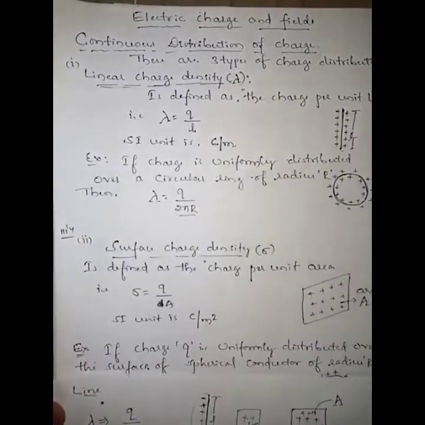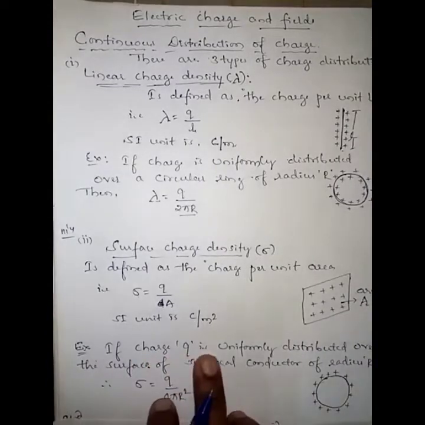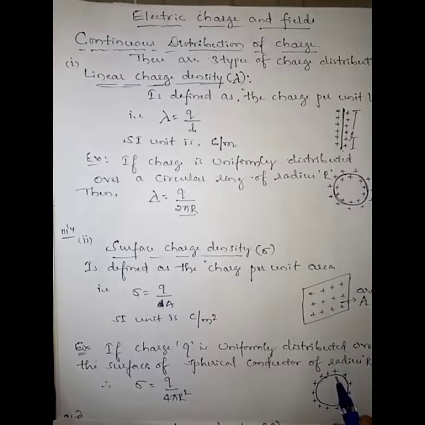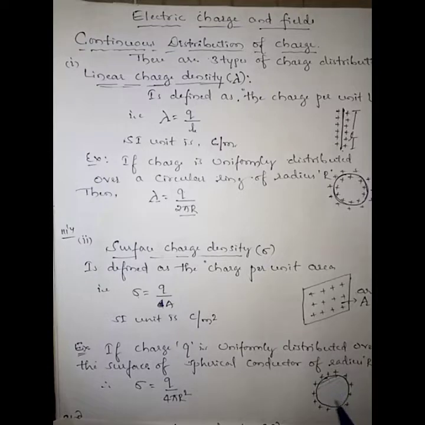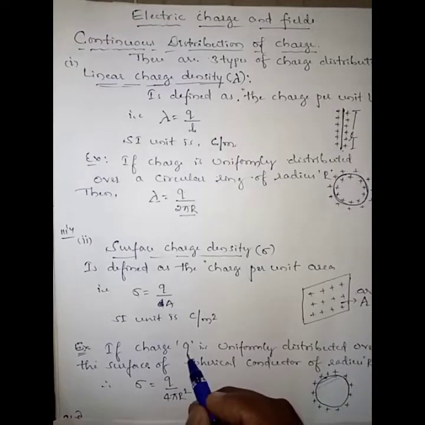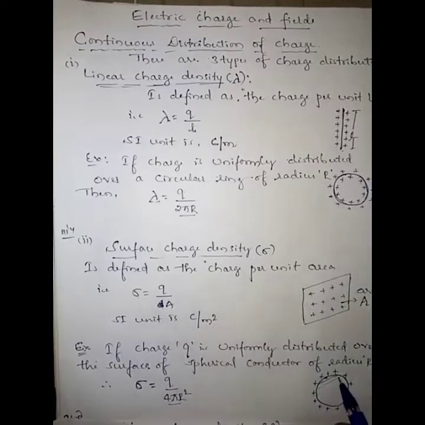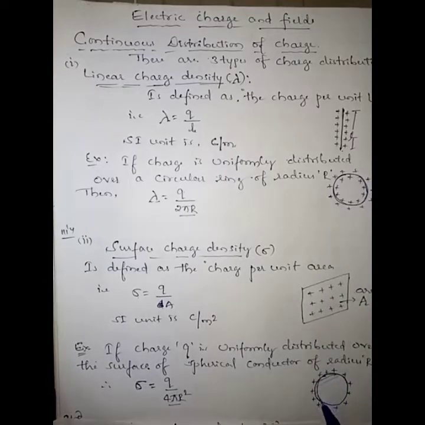The charge Q is uniformly distributed over the surface of the spherical conductor. Therefore, the surface charge density sigma is Q divided by 4 pi r square, which is the surface area of the spherical conductor.